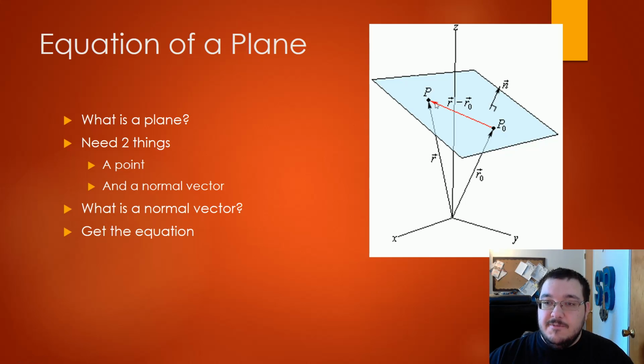So we'll want to use vector subtraction. And we know that this vector is in our plane, and we have a normal vector to it. So if we take the dot product of the 2, it's going to be 0. So we end up with this equation where r is any vector that leads to a point in the plane.